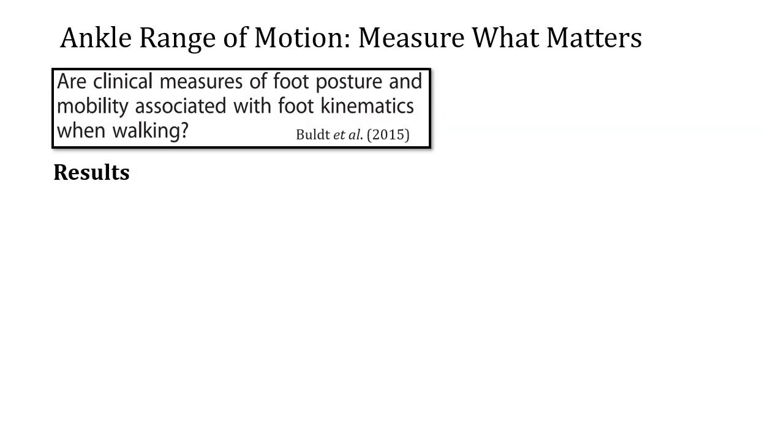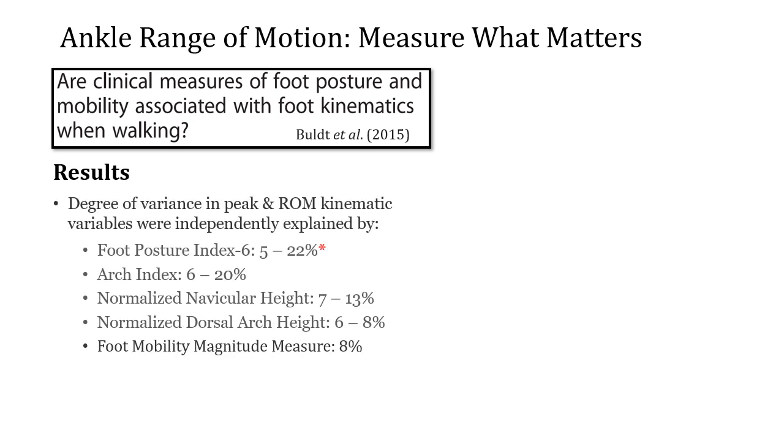Okay, going back to our conversation about measuring what matters. Do our clinical foot measures of foot posture and mobility associate with foot kinematics? There are so many different joints in the foot and ankle. Do we need to measure them all, and do they all have the same weight? The spoiler alert here is no. So the degree of variance in peak and range of motion kinematics variables is independently explained by a multitude of different factors.